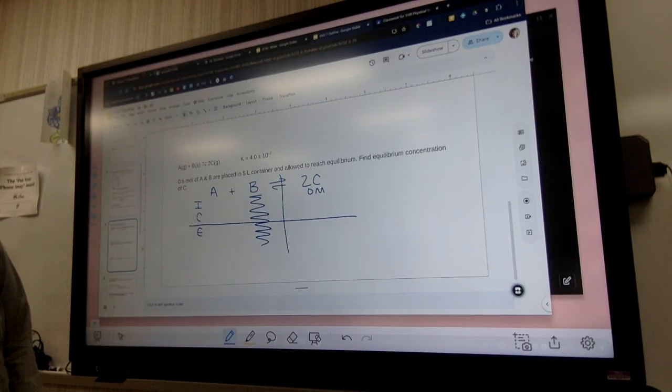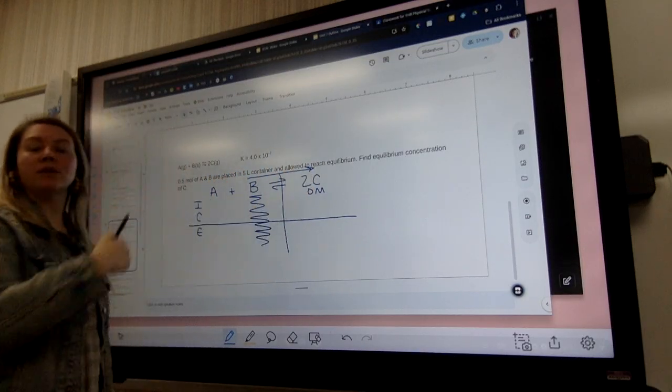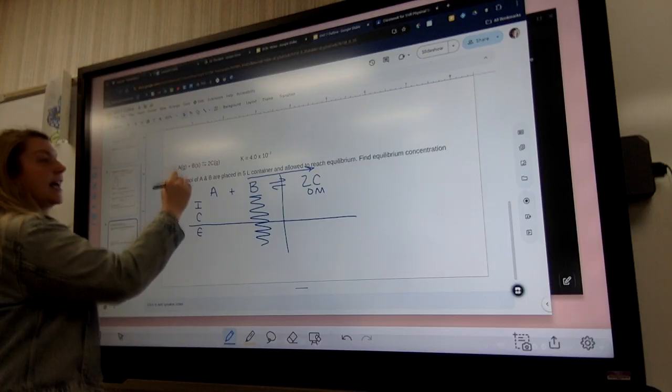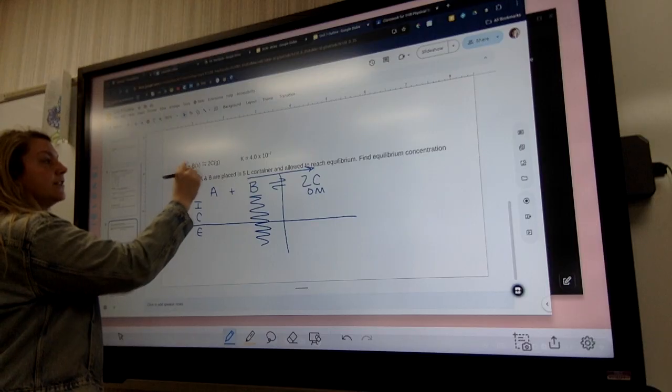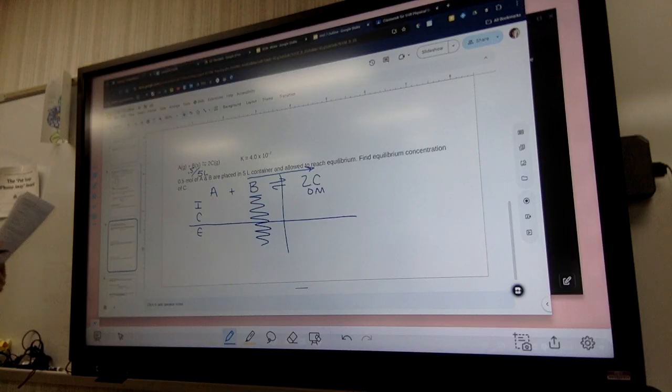Right away, because we have 0 molarity for C, I know we're going to shift forward, because there are no products to shift backwards. For my molarity of A, I'm going to take 0.5 divided by 5 liters, which gives me 0.1.